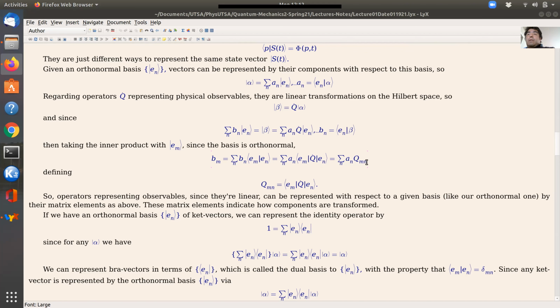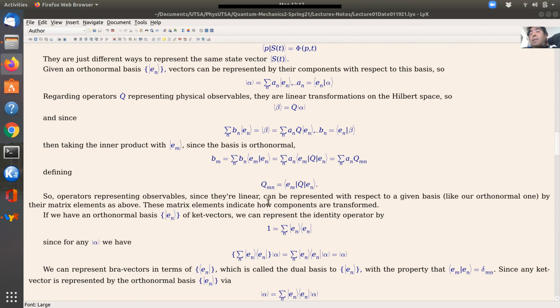And then we introduce this notation because basically the matrix elements QMN are going to be precisely this. So it's the inner product of EM with Q applied to EN. Okay, so operators representing observables, since they're linear, can be represented with respect to a given basis, like our orthonormal one, by the matrix elements as defined above. So this is the definition exactly.